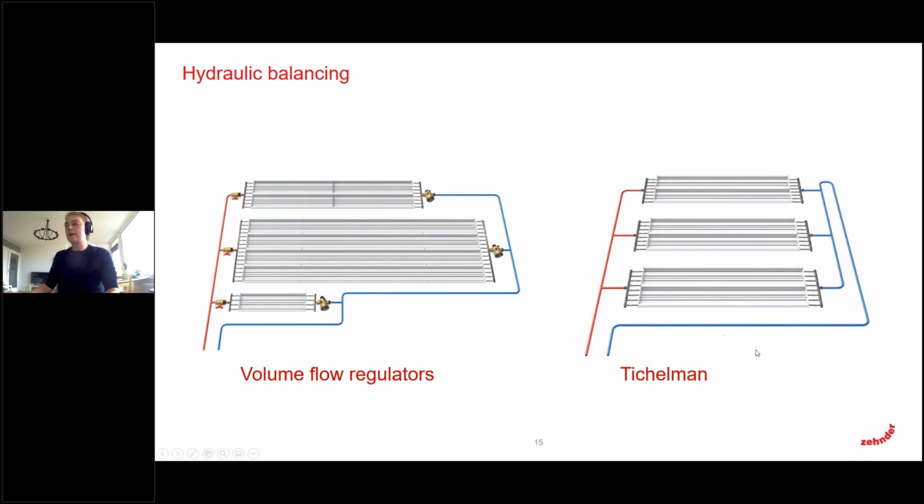The general rule is that they should have the same pressure drop, but what is mostly the case is that the Tichelmann system can only be used if the panels all have the exact same length. So basically, most of the time, it's already clear in the design phase whether it's possible to use a Tichelmann or whether a volume flow regulator is necessary.